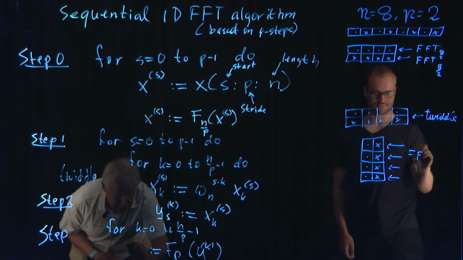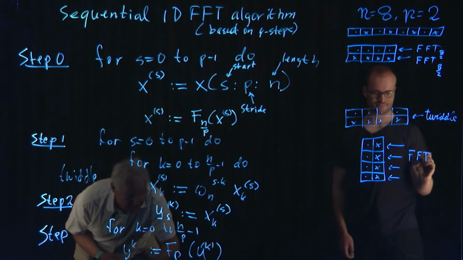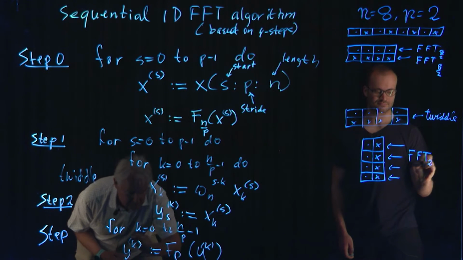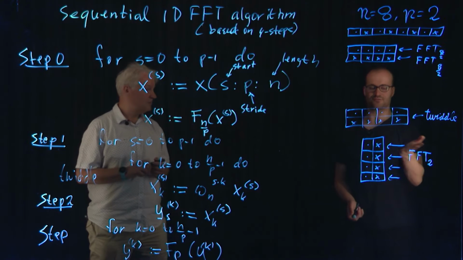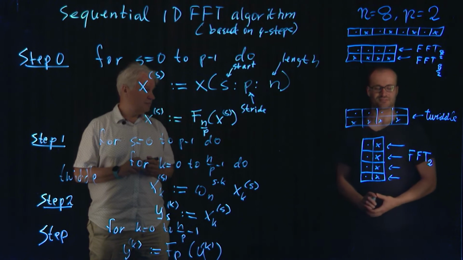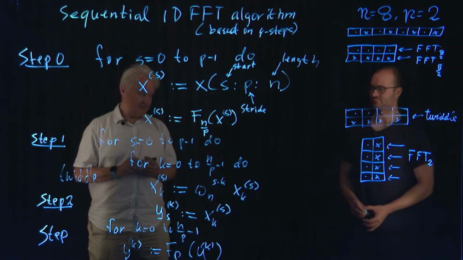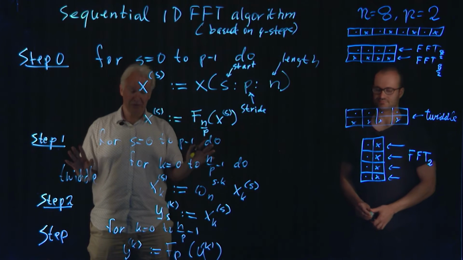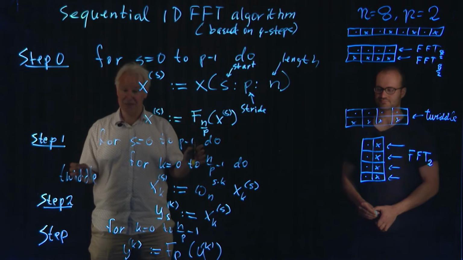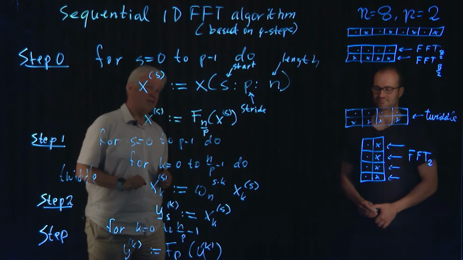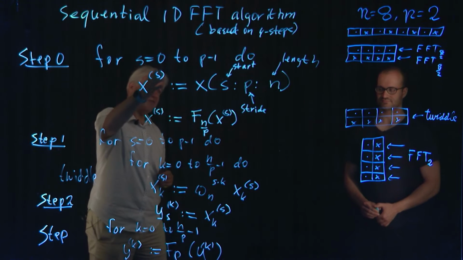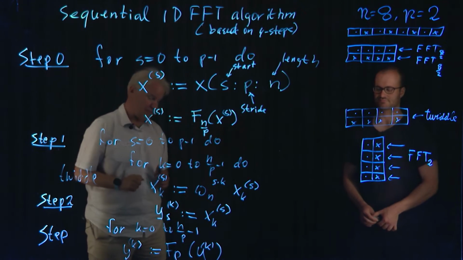And that becomes the new yk. So here we do the rows, do a small FFT of length p. Okay, and this is the algorithm which is known as the 4-step algorithm. It starts and finishes with a Fourier transform, one of length n over p, one of length p.